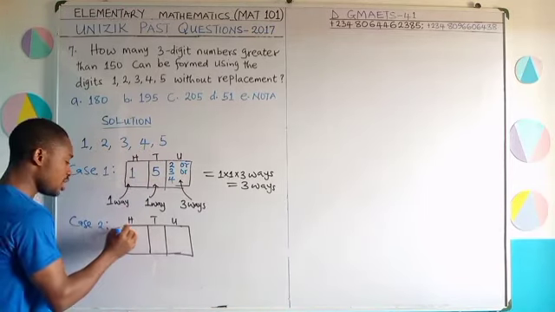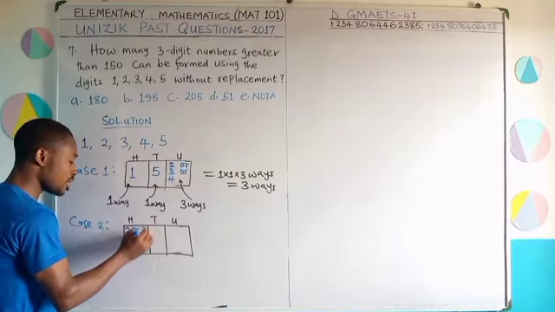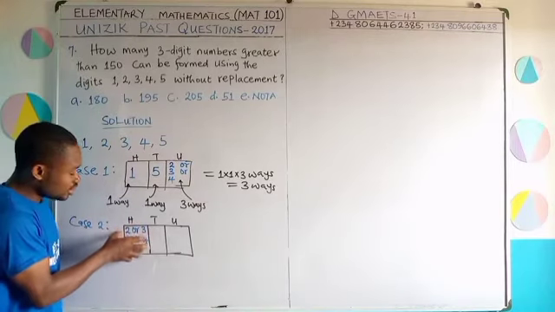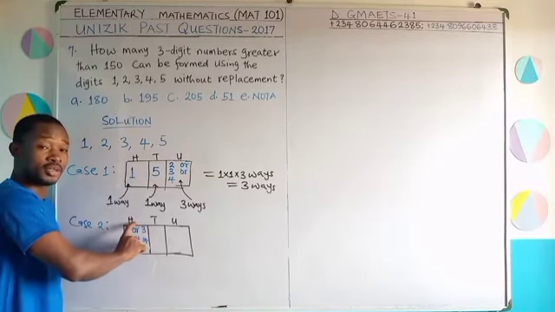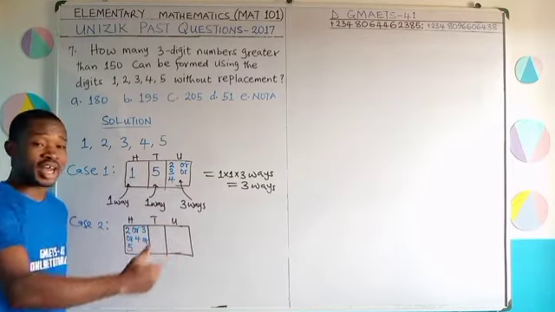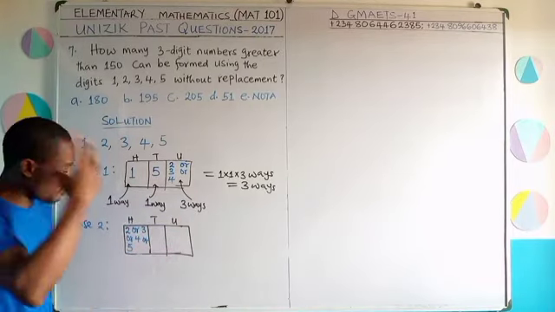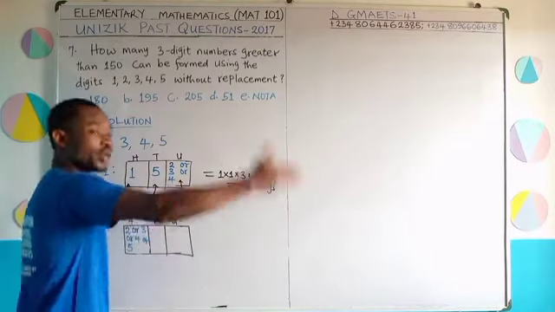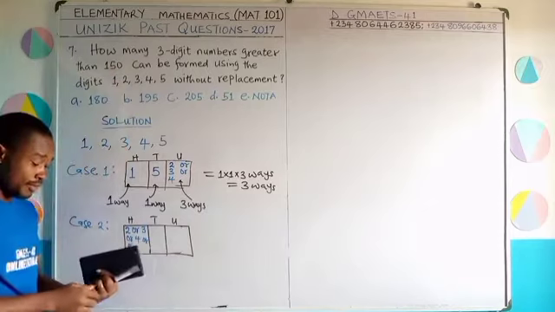Any of these digits that you use in filling the hundreds place value, whatever you fill the tens and units place value with, you get a number greater than 150. Think, for example, if I started here with 2, you know already that we'll be getting 200 and something, which is already greater than 150.